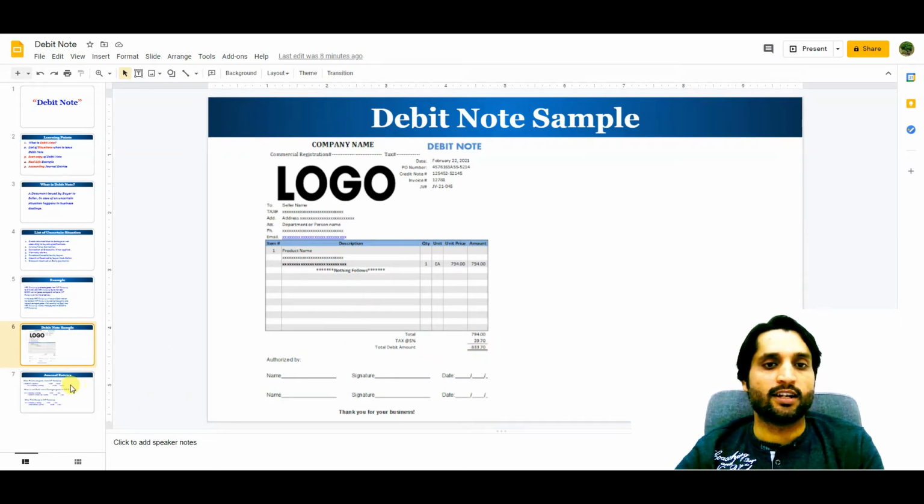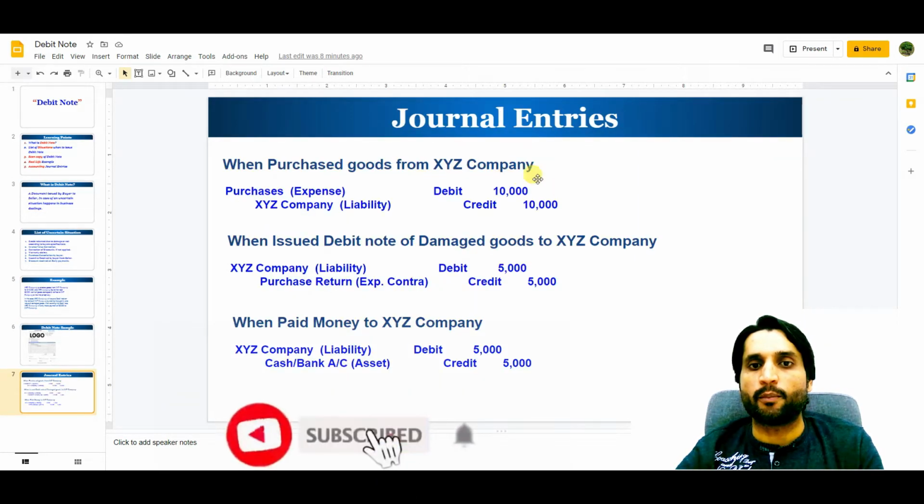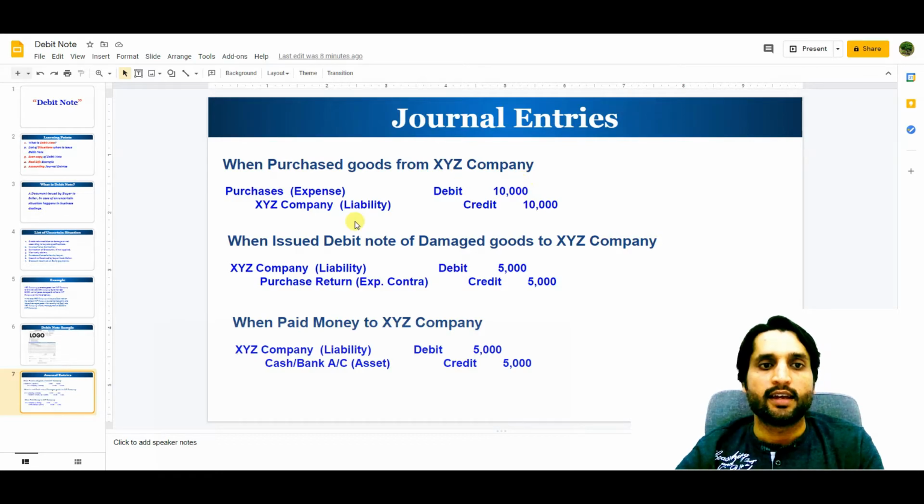Now let's see the journal entries so it will be clear for you. When goods are purchased from XYZ company on credit, the purchases expense will be debited by 10,000 and XYZ company's liability account in the balance sheet will be credited by 10,000. This is the entry passed when we are buying goods on credit.